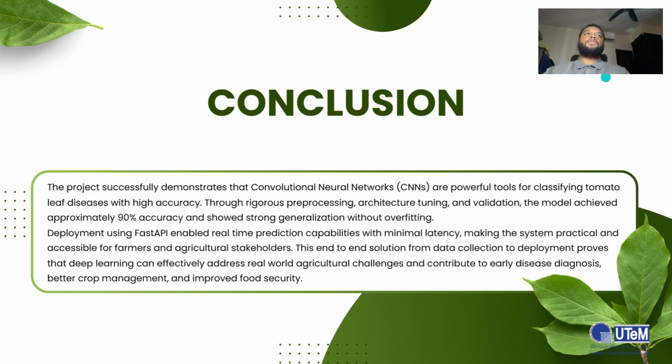So in conclusion, the project successfully demonstrates that convolutional neural networks (CNNs) are powerful tools for classifying tomato leaf diseases with high accuracy through rigorous preprocessing, structured training, and validation. The model achieved approximately 90% accuracy and shows strong generalization without overfitting.